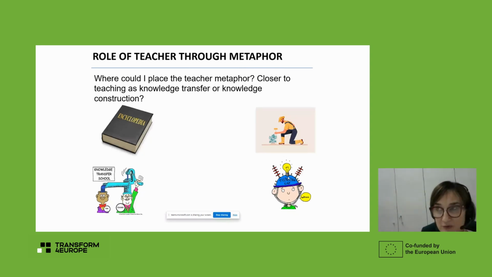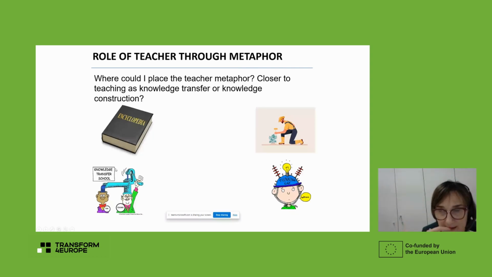Microscope was another metaphor used. The teacher as a microscope. So somebody who gives you depth, you go into things. For myself, I would put it closer to knowledge transfer because the microscope gives me an idea of going into things, but I don't really think too much about the students.